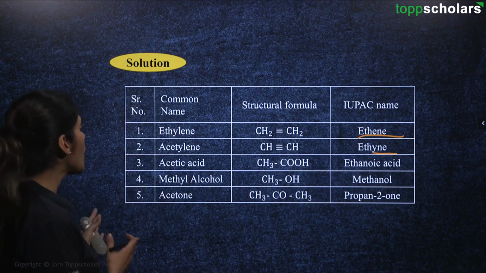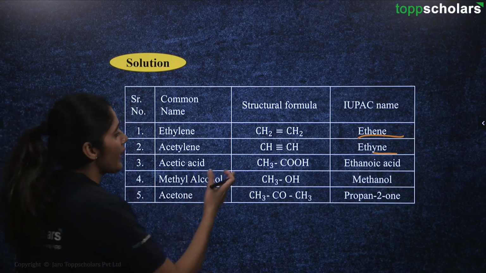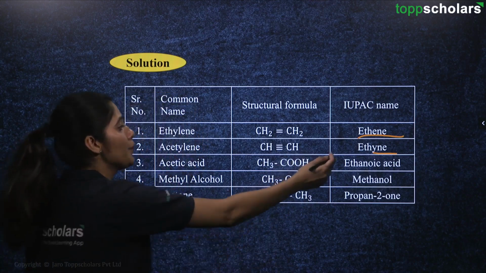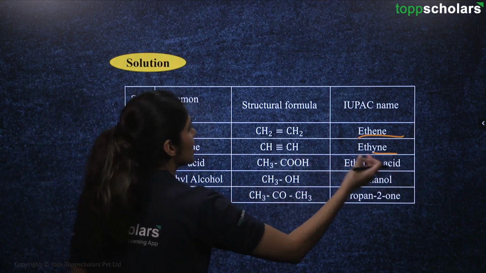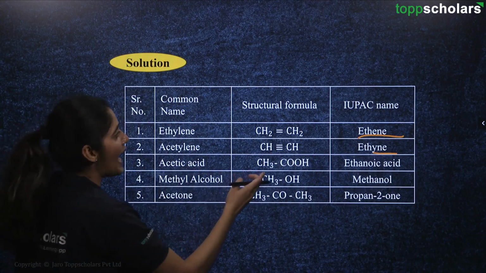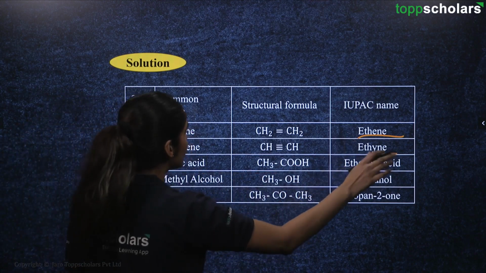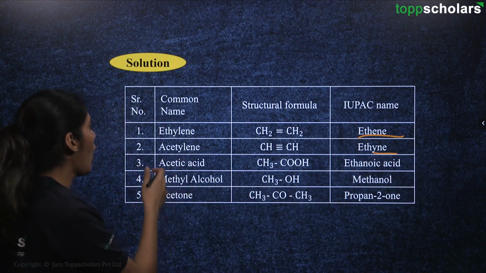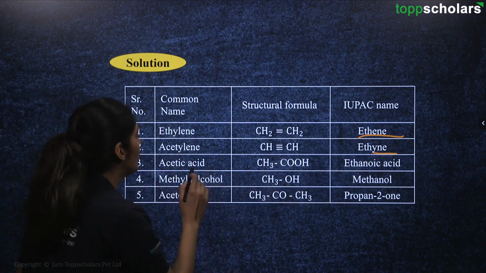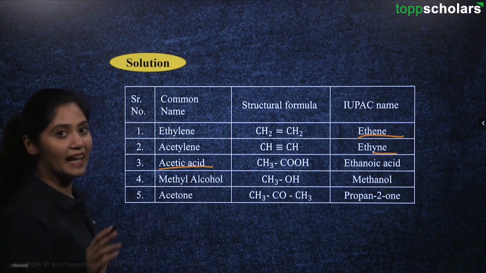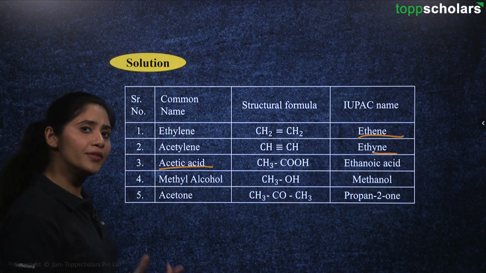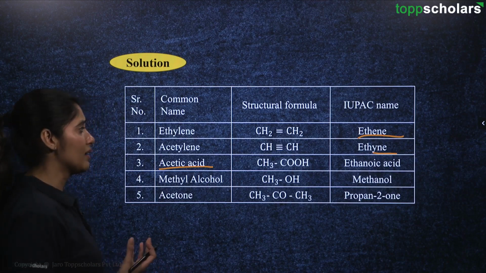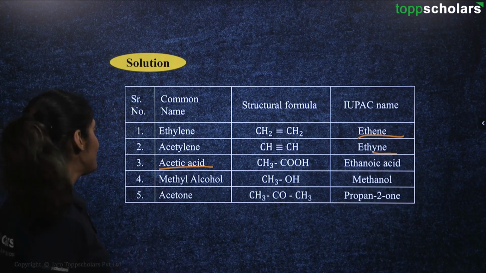Now third, the common name is acetic acid, right? The structural formula CH3COOH. IUPAC name ethanoic acid. So I think the IUPAC name was given, and we had to write the common name. So for this structural formula, the common name goes acetic acid, which is used for different purposes in the dairy industry, for making cheese as well, right?